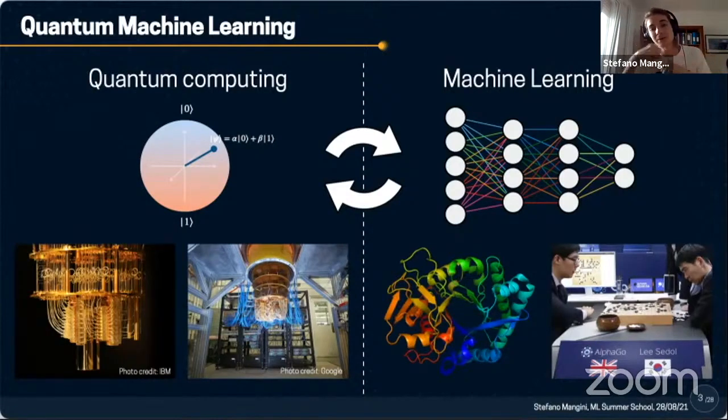So trying to use, for example, classical machine learning techniques to solve problems in quantum physics or quantum computing, as we saw in the previous days, or vice versa. So using quantum computers to, optimistically, hopefully, enhance techniques in the classical machine learning setting.